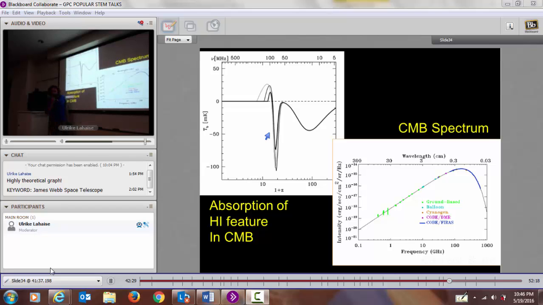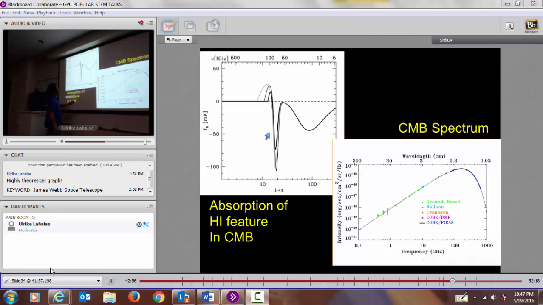So these features would indicate when star formation occurred, the first star formation in a particular line of sight. And the idea being, you choose all these different lines of sight and map when the star formation occurred. The frequency that this appears at determines when it occurred, because as the universe expands, the frequency of a particular radiation drops.